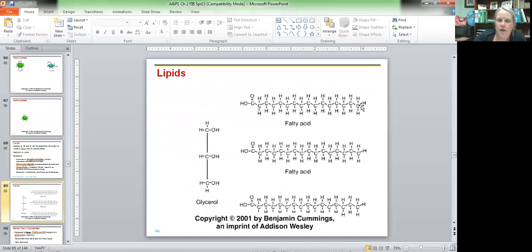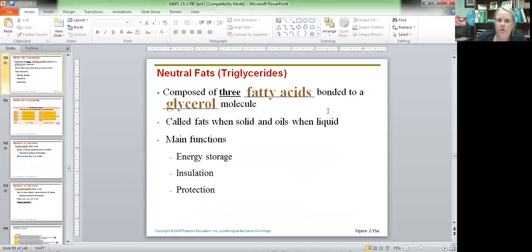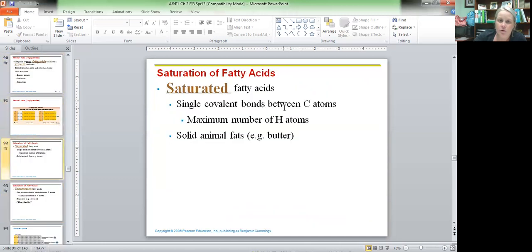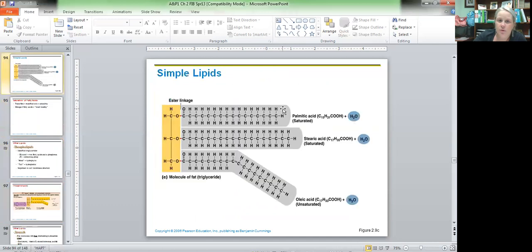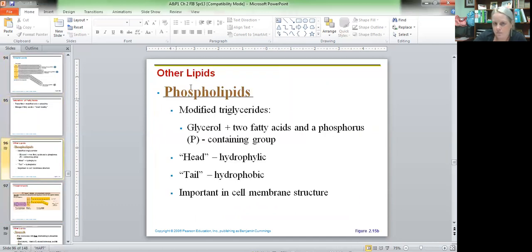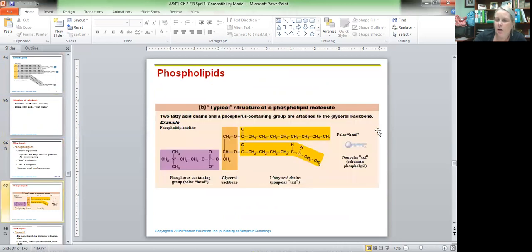Triglycerides are pretty important too, but phospholipids, again, make up cell membranes. They look like this. It has a phosphate group, it has a glycerol, and it has 2 fatty acids.